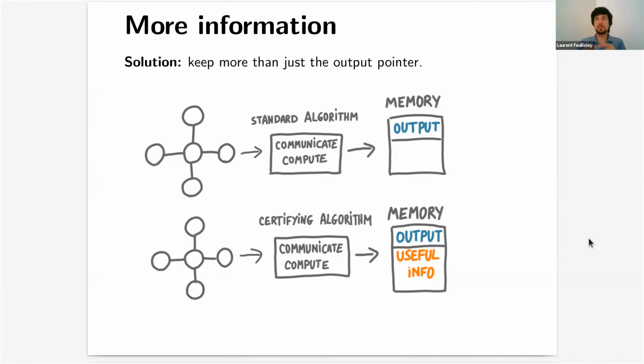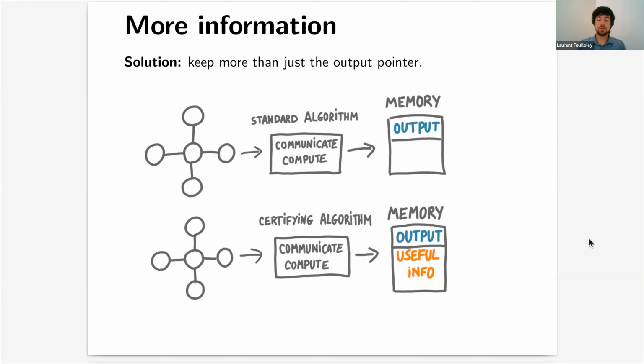So in memory, you have the output, and that's it. And this, as we said, is not enough to be sure that the output is good. So now what I want is that the algorithm not only gives every node the output, but also keeps in memory some information that is useful in the sense that it allows you to check this output.